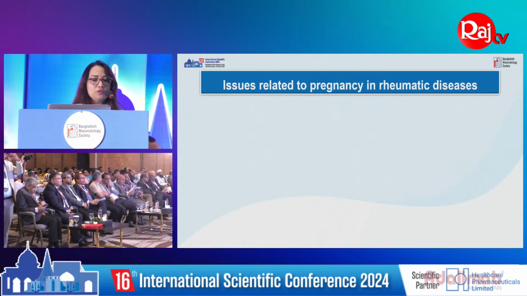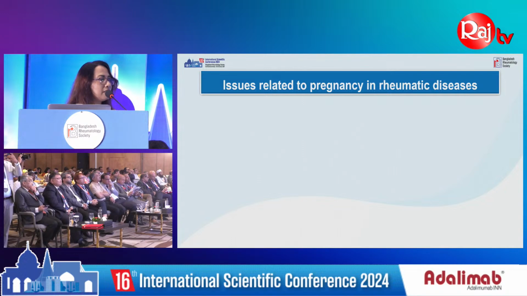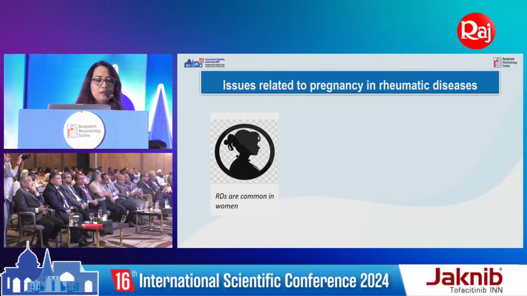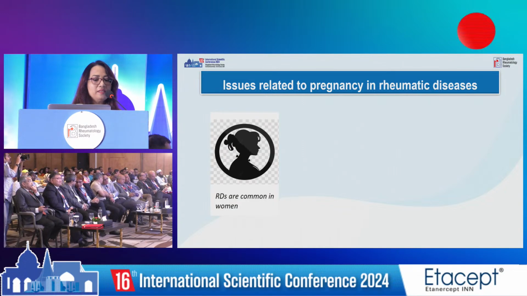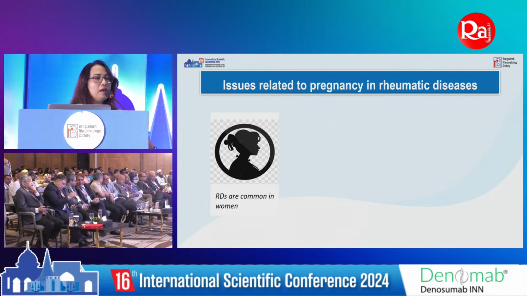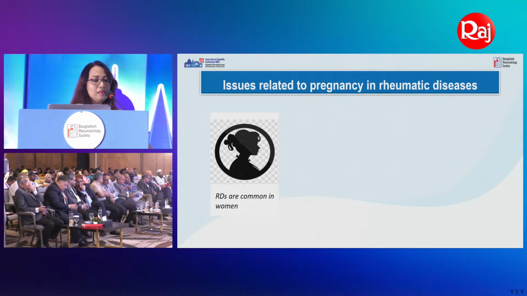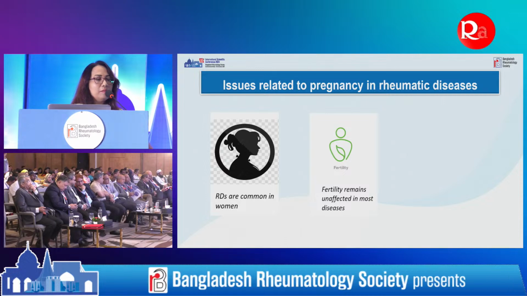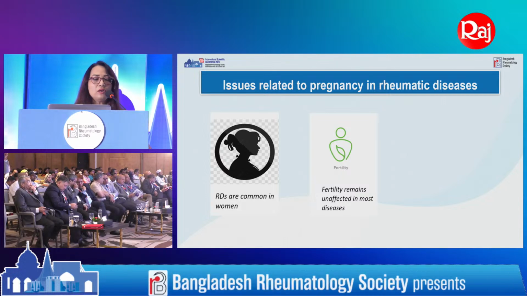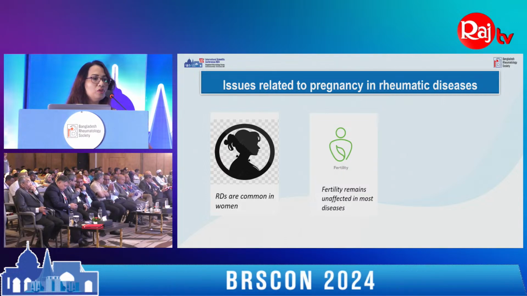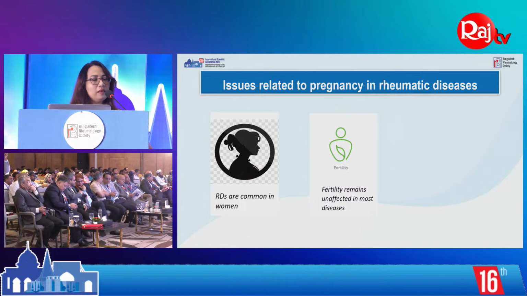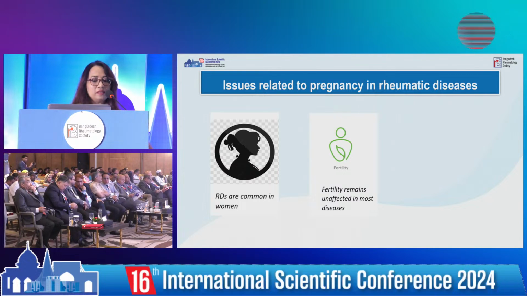Let's first see some issues related to pregnancy in rheumatic diseases. We all know rheumatic diseases are common in women, and many of the diseases affect mainly the women of reproductive age group like SLE. But fortunately, the fertility of the women is most of the time protected and is unaltered by the disease.